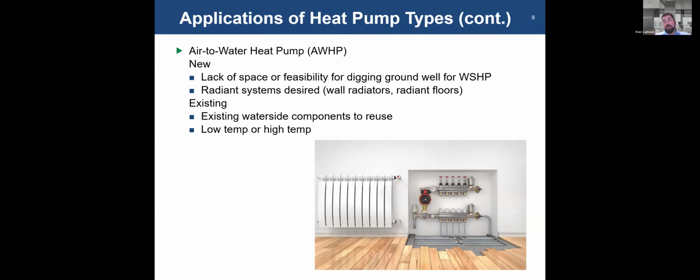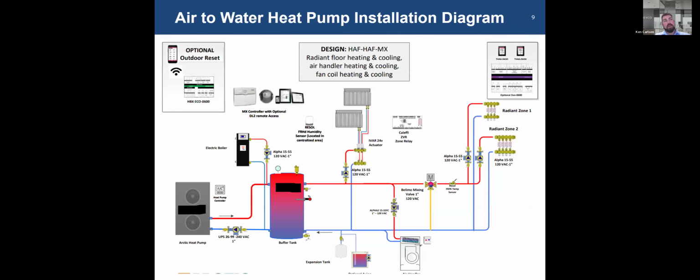One of them, front and foremost, is just the overall cost. There are some additional added components, as shown in this depiction of what a system would look like. You've got your heat pump outside. Inside, potentially you're adding another electric boiler, either for backup or for increased capacity.